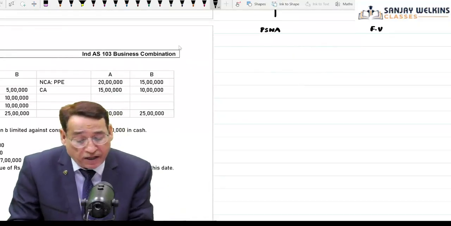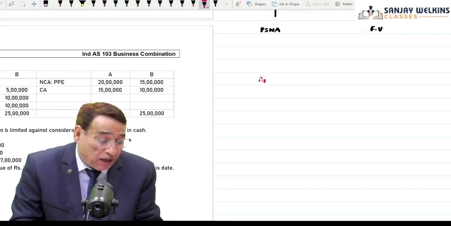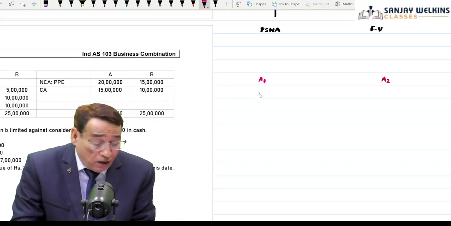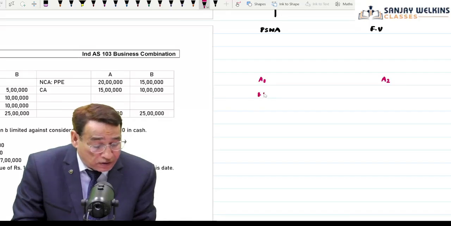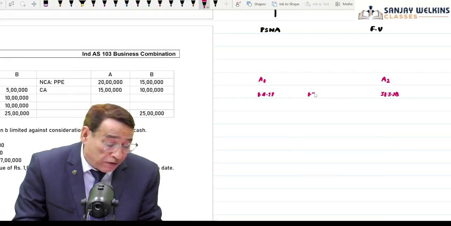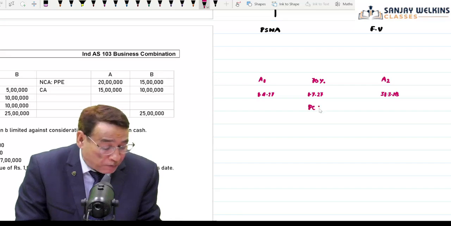In order to understand that, let's have a look over here. We presume that A1 is the acquirer entity and A2 is the acquiring entity. We also presume that the accounting year starts from 1/4/2027 and ends on 31/3/2028, and that on 1/7/2027, A1 acquired 70% stakes in A2 Limited, and the purchase consideration was determined at rupees 9 lakh.